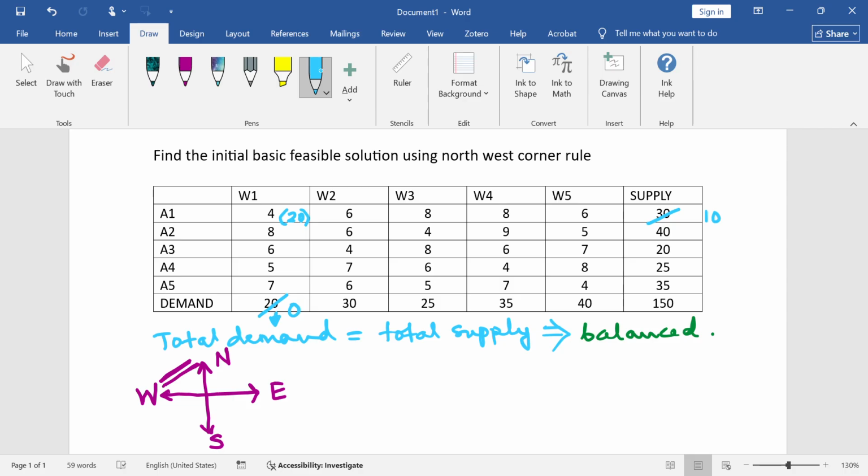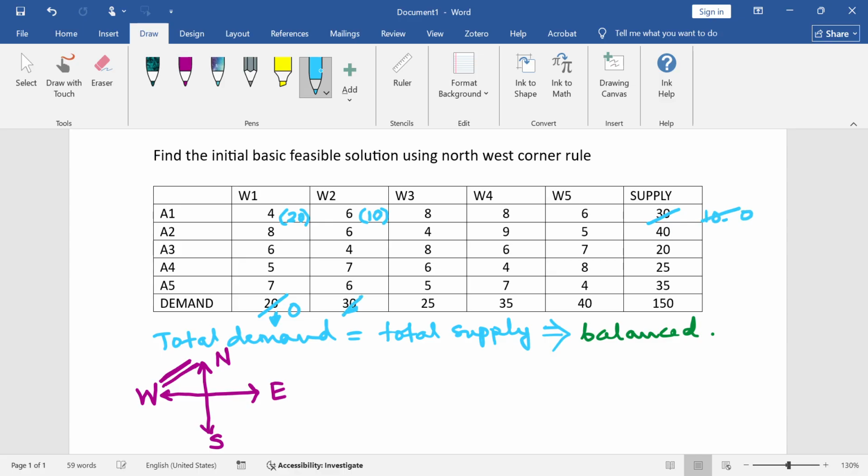Okay, so now since there is a supply still remaining with A1, we proceed to the next possible cell where we can make the allocation, and that is A1 W2. So here we see that the demand is 30, the supply is 10. So how much can we allocate? We have only 10. So we are going to allocate 10. So this 10 goes.